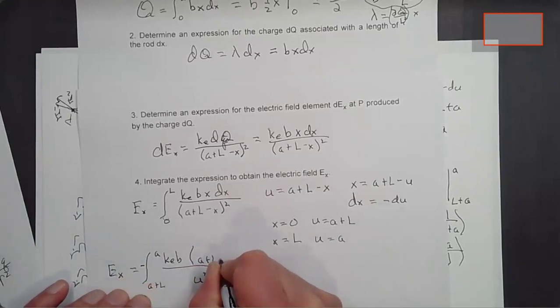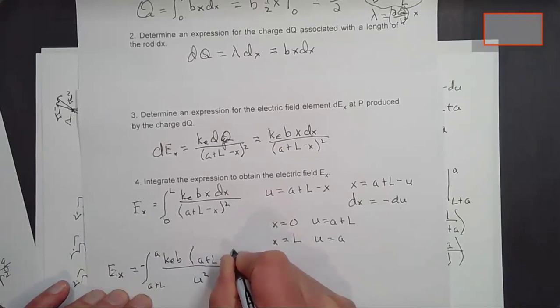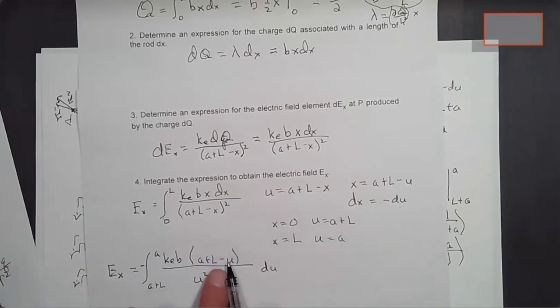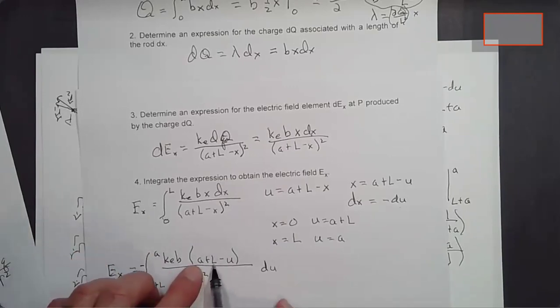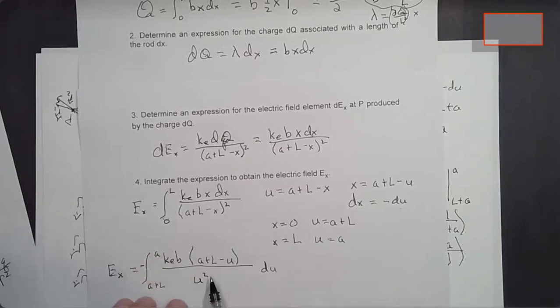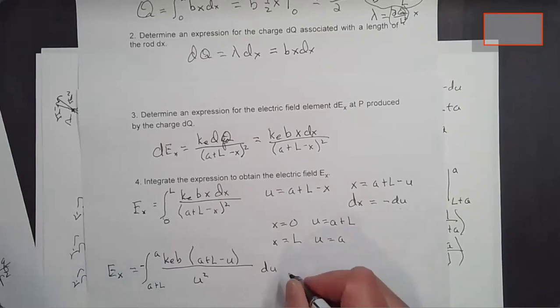Okay, this lets me split it into two integrals. And the first integral is just going to have, these are constants, so I can pull all this stuff outside the integral and I'll just have a du left inside.